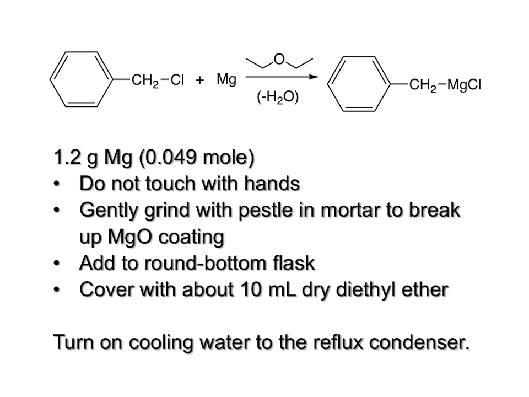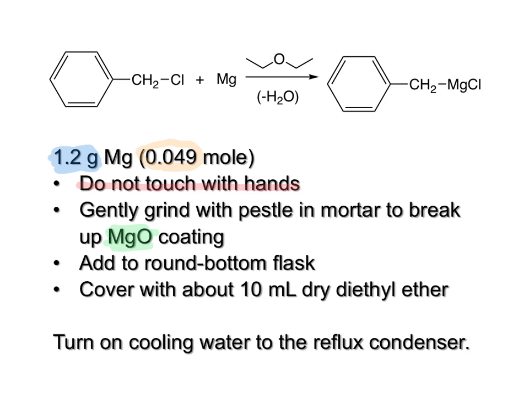So we're going to start with 1.2 grams of our magnesium metal. Again, we don't want to contaminate it with water, so do not touch it with your hands. Use gloves or a dry spatula. That ends up being a little less than 0.05 moles. Magnesium has a coating of magnesium oxide on it, and that coating will block the formation of the Grignard.